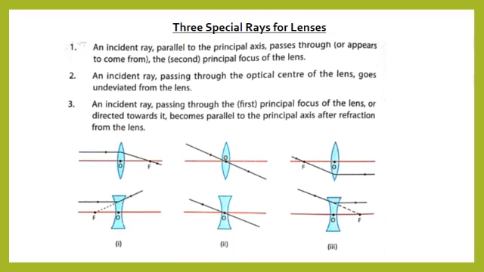It goes undeviated, meaning it goes straight, it does not bend at any angle. And in the third case, a ray of light passing through the focus goes parallel to the principal axis. Students, you have to make diagrams of these three special rays and keep practicing them for the next topics of the chapter.